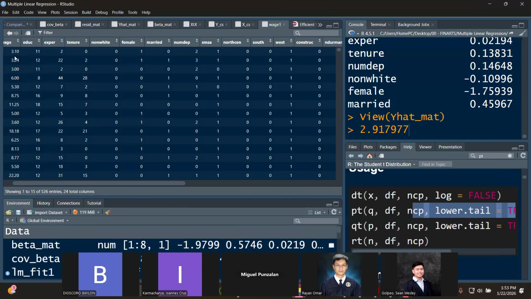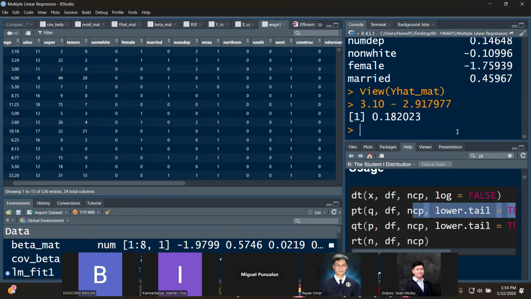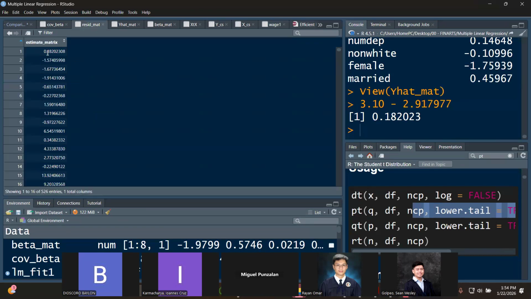And the actual value is 3.10. So the actual value minus the predicted value, Control Enter. You get the residual, 0.18. If you check the resid mat, there you go, 0.18. That's your residual, your error term.